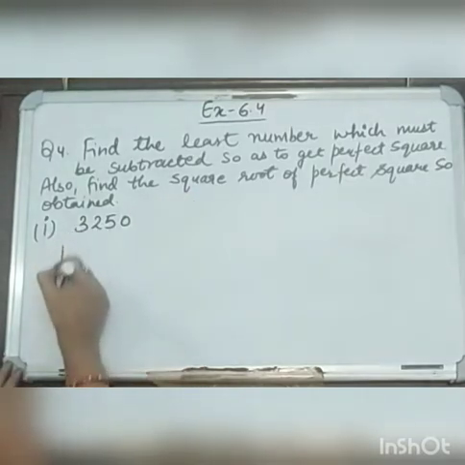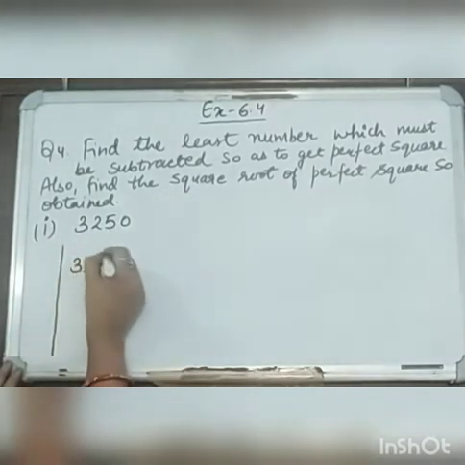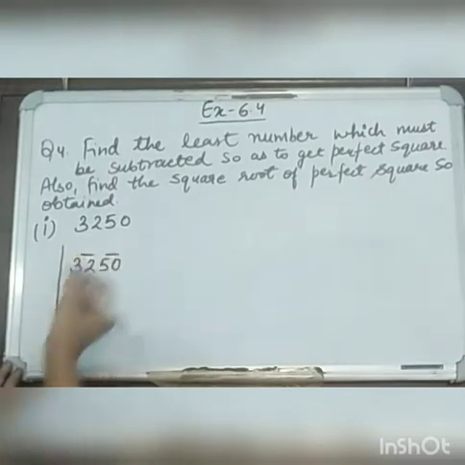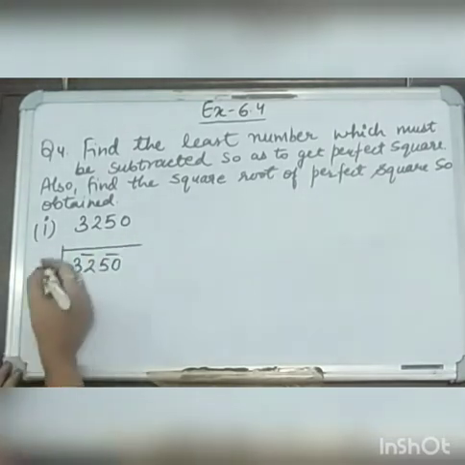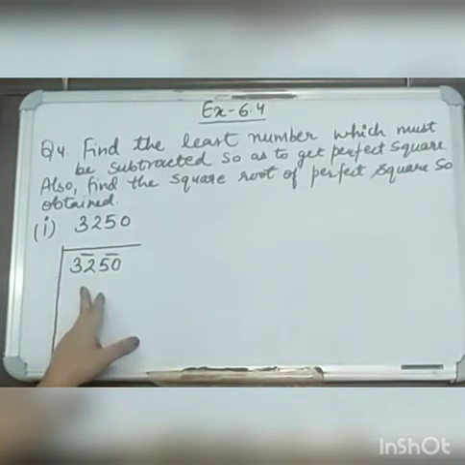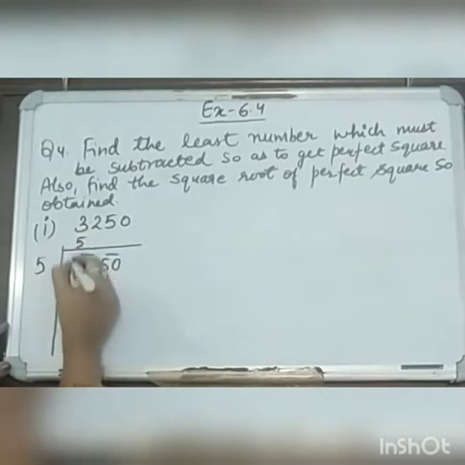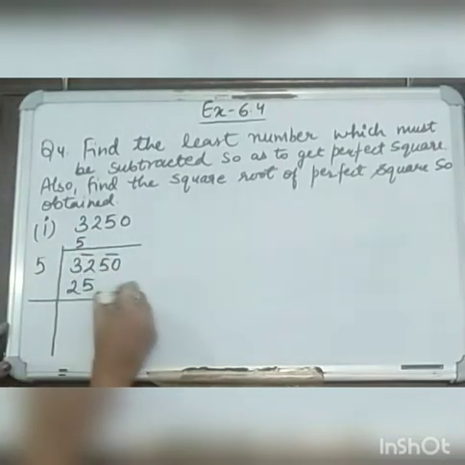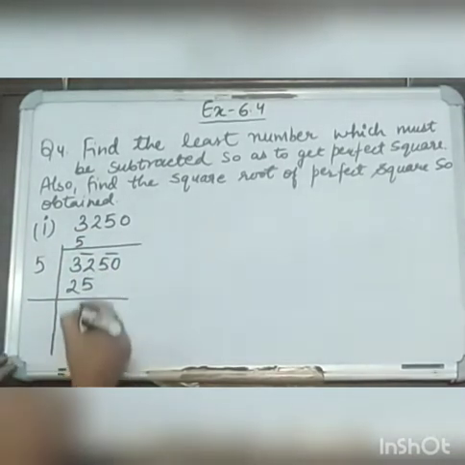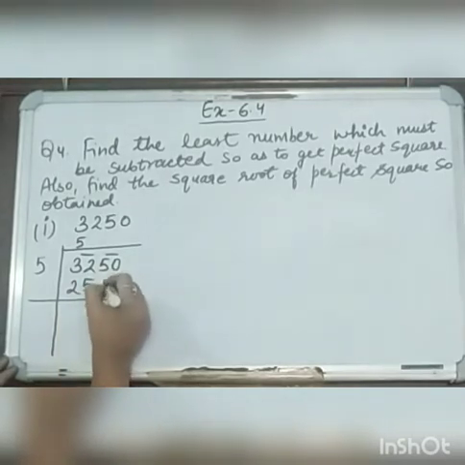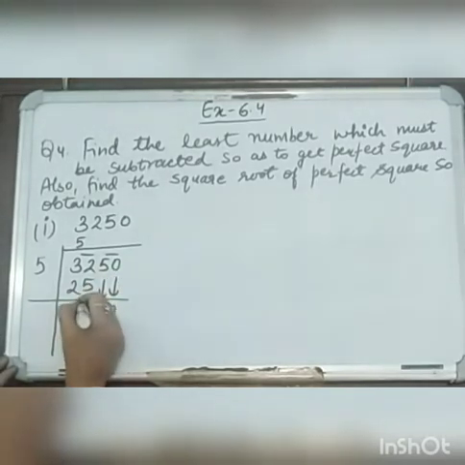Okay, so see here, again we will pair up. Now see, this is 32. Okay, 6 sixes are 36, so we will take 5. 5 5s are 25. Okay, so now here we are getting 7, and this pair we will write down whole.